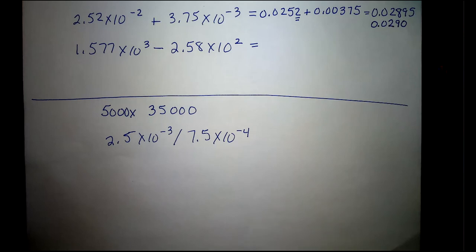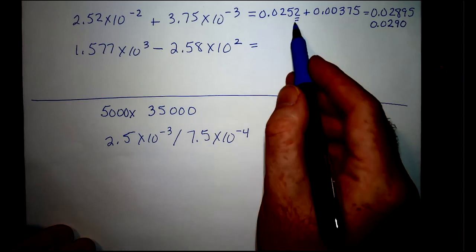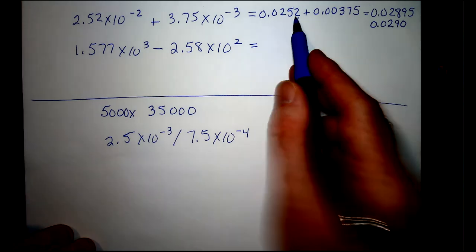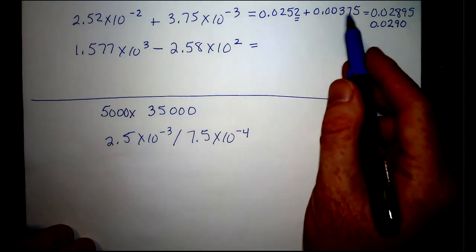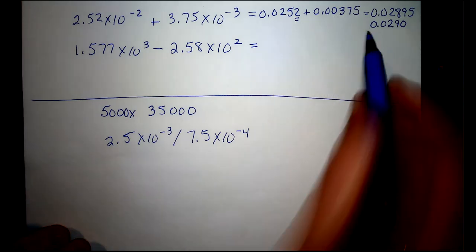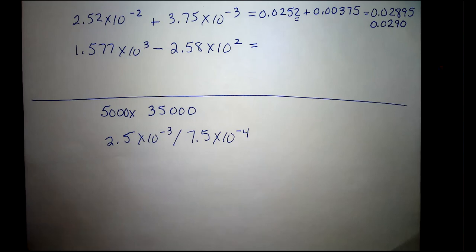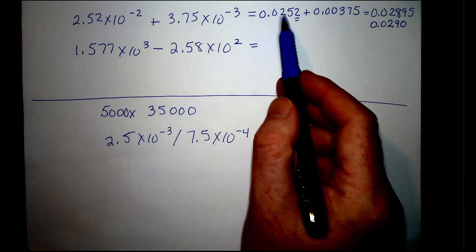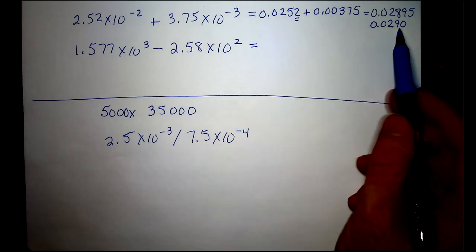You round an addition and subtraction based on the least precise place in a number. So this one goes to the 1, 2, 3, 4, the thousandths place, this goes to 1, 2, 3, 4, 5, or the 10,000ths place. So we're going to round to the 10,000ths place.